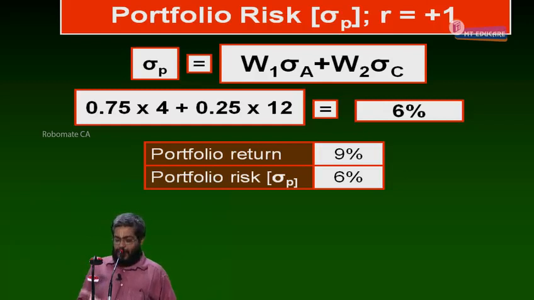Look at the workbook and tell me. E gives, for the same 5% risk, 9% return. Yes or no? This portfolio is inefficient compared to E, right? Because E gives the same return for a lower risk. So this portfolio is inefficient.